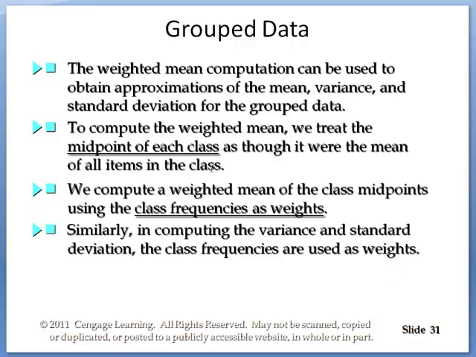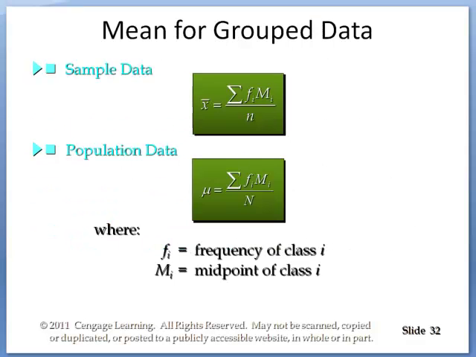But for that, you have to assume that for each class the midpoint will be the value. That is, you're assuming that all the observations within that class will have a value equal to the midpoint. And what you then do is use this formula, using the midpoints and using the frequencies as the weights.